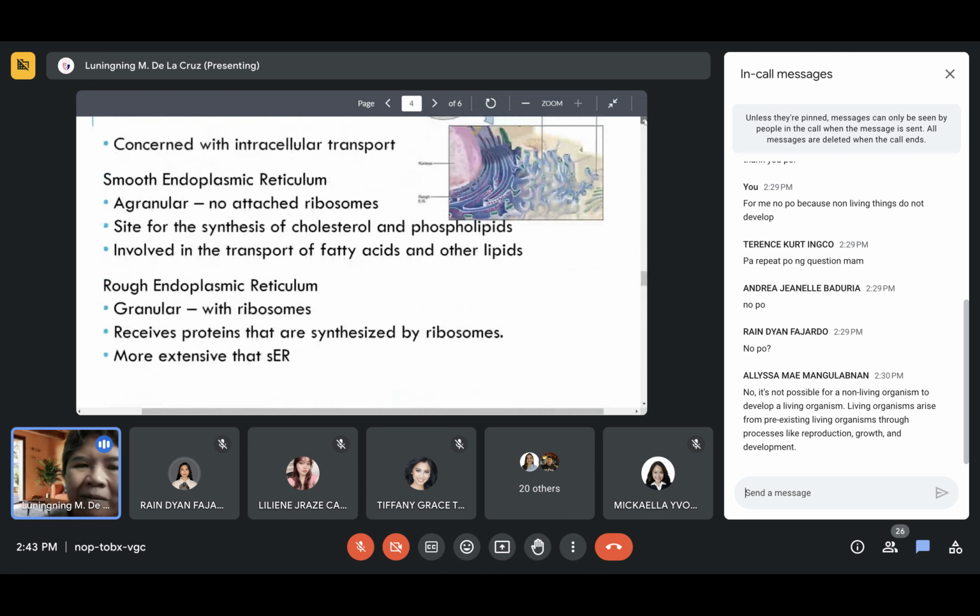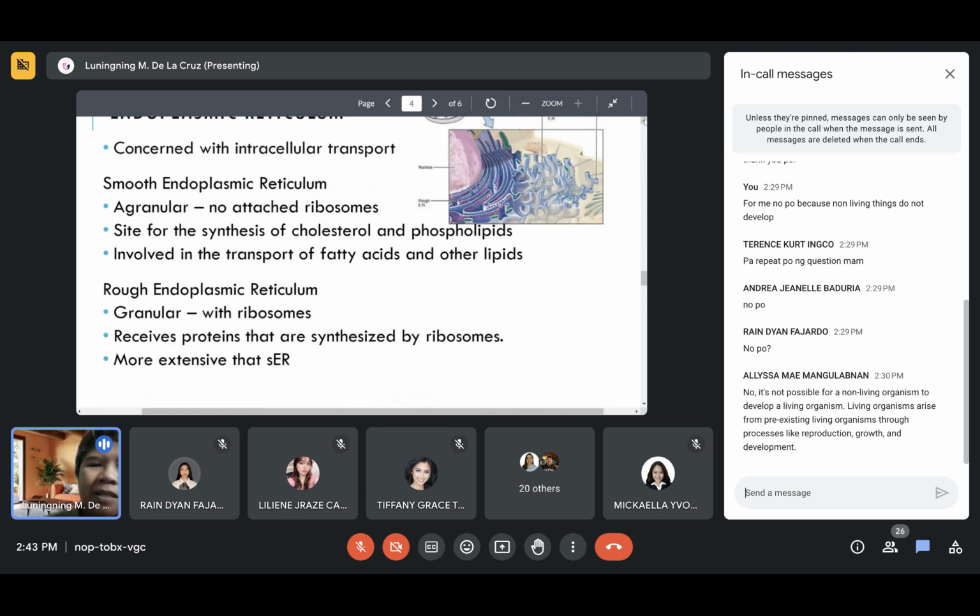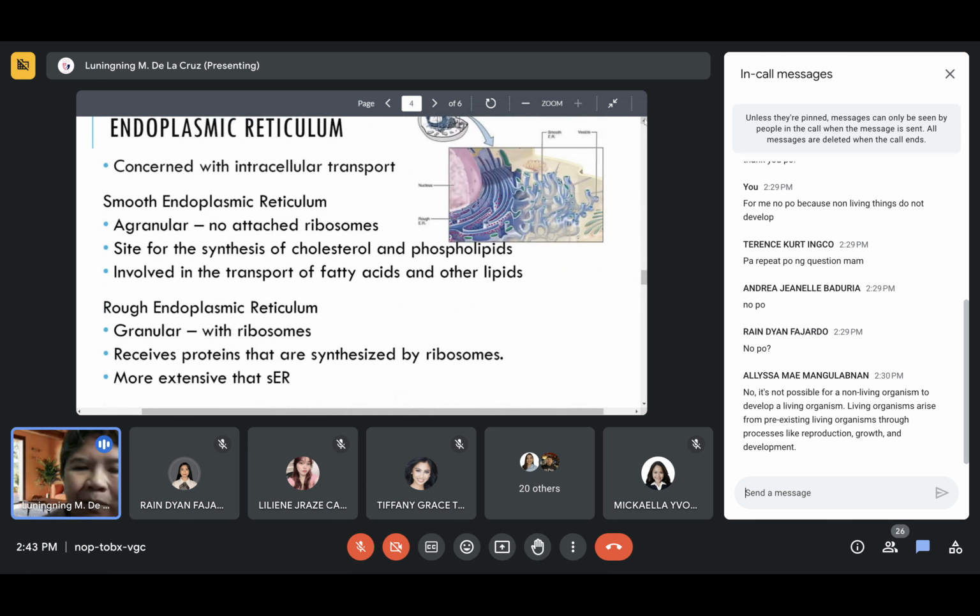Okay, so here is the endoplasmic reticulum concerned with intracellular transport. Okay. So the smooth endoplasmic reticulum has no attached ribosomes. It is the site for the synthesis of cholesterol and phospholipid and is involved in the transport of fatty acid and other lipids.